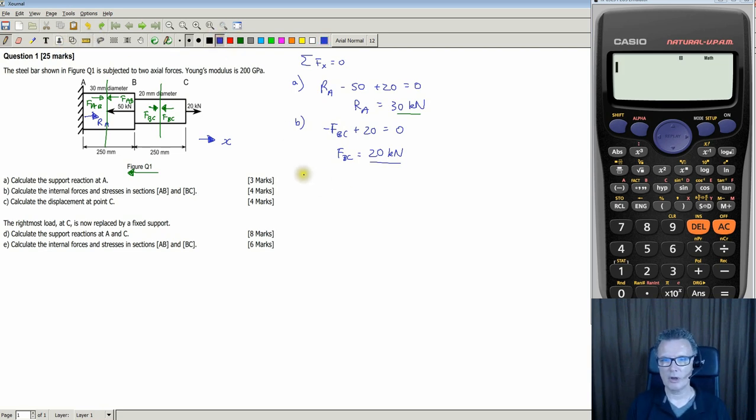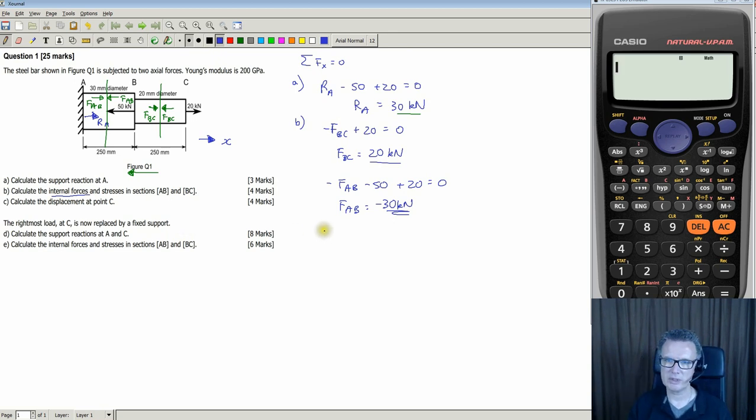So we only have minus FAB minus 50. I'm going to skip the FBCs, and plus 20 equals 0. So that becomes minus 30, plus 30, and minus in the end. So minus 30 kilonewtons. So that's the internal forces done.